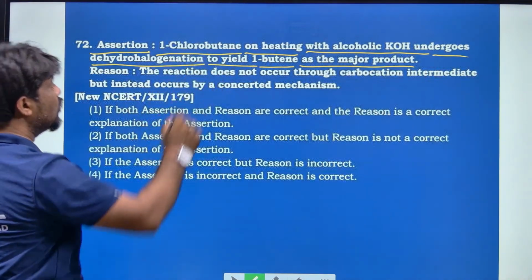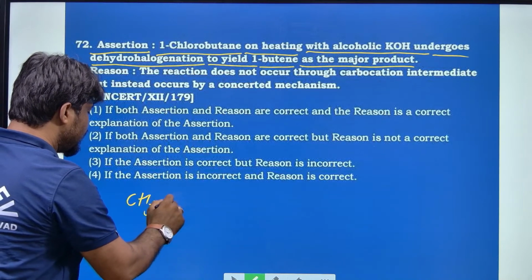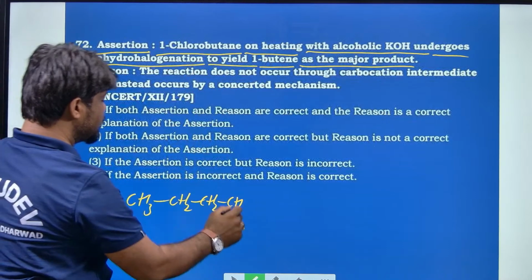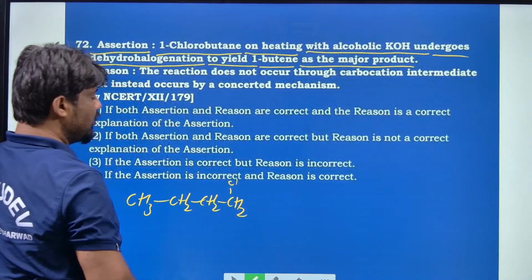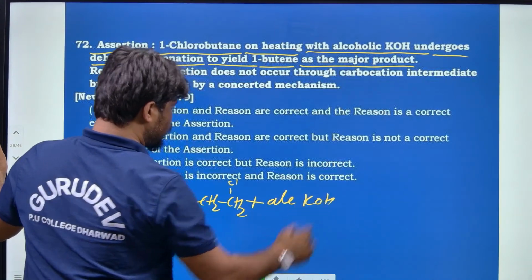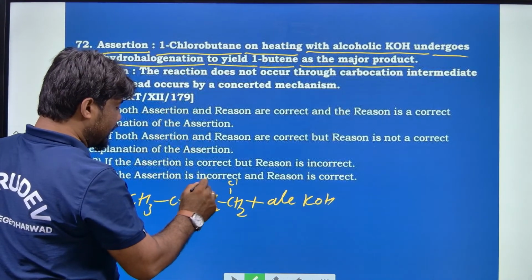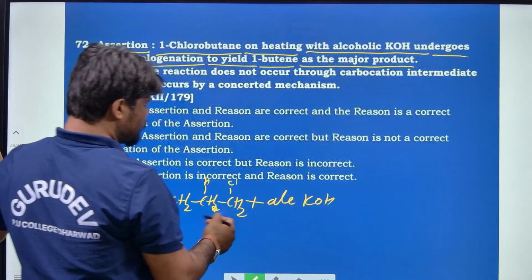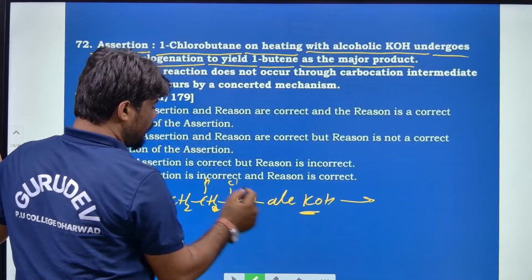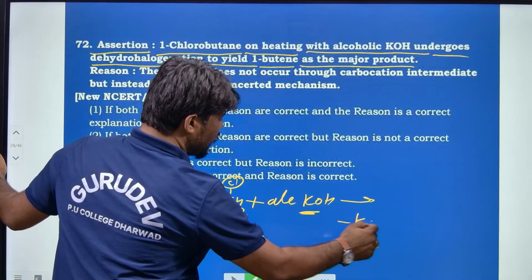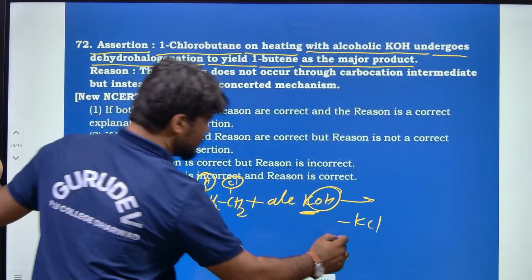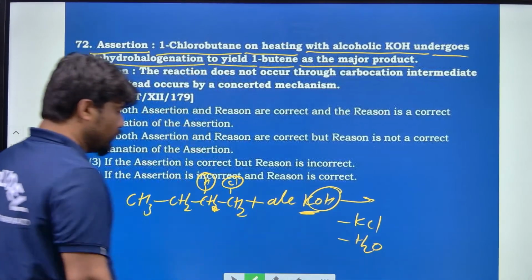I will write 1-chlorobutane, so CH3, CH2, CH2, CH2Cl. When this molecule is treated with alcoholic KOH, I will write this hydrogen here. It's very simple. This K combines with this Cl, resulting in the formation of minus KCl, and this OH combines with this H, resulting in the formation of minus H2O.